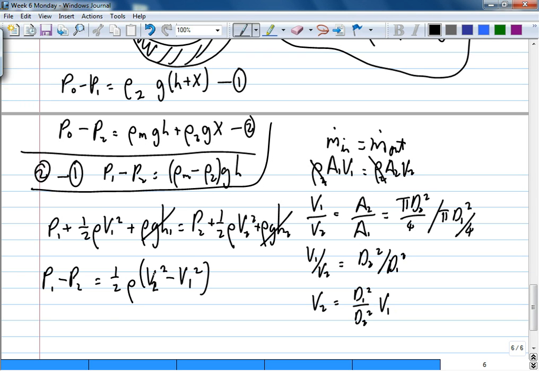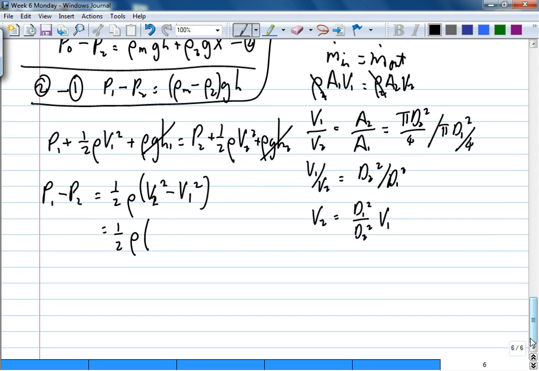Put this in here: it is equal to half rho, square this whole thing, D1 to the 4 over D2 to the 4 V1 squared, minus V1 squared.